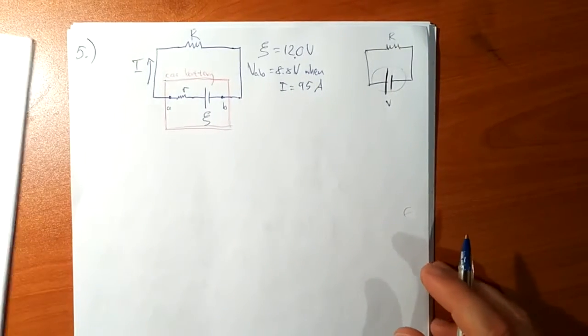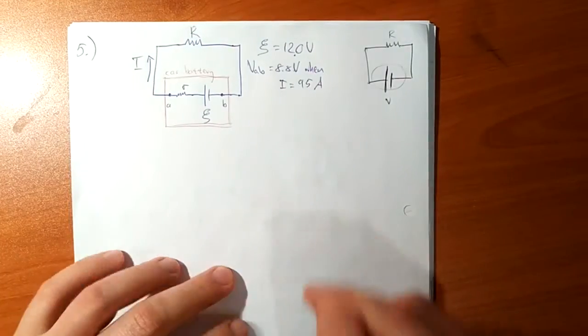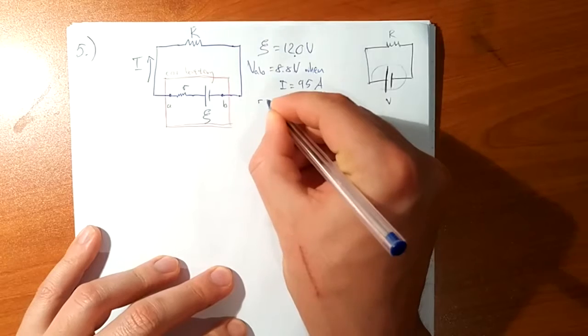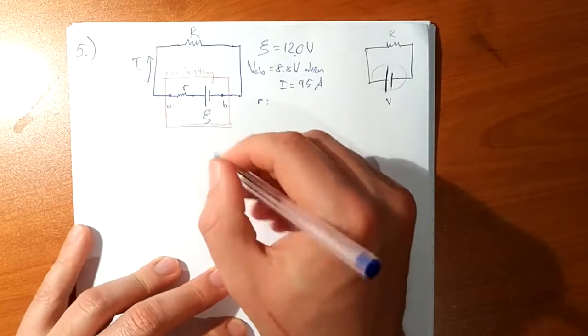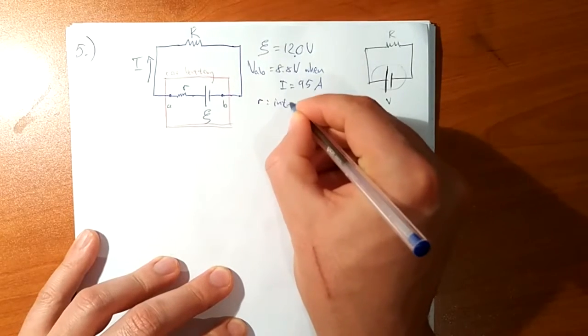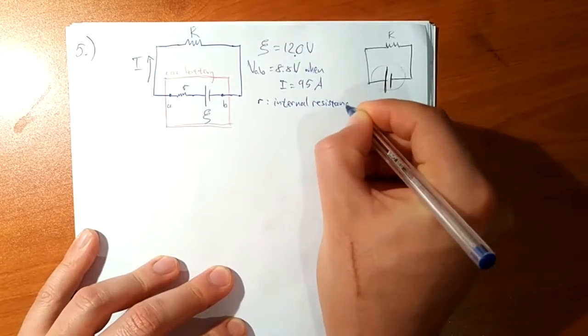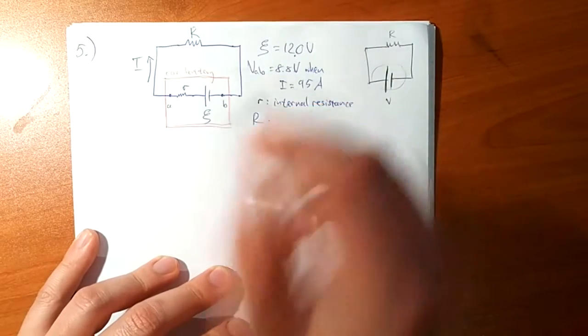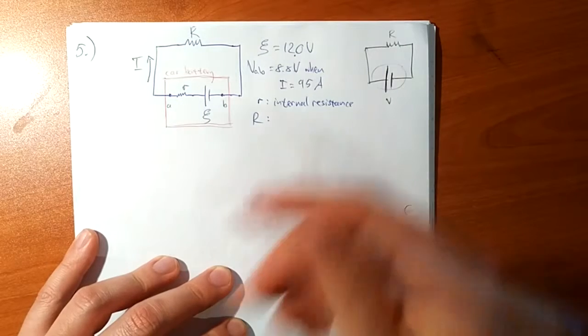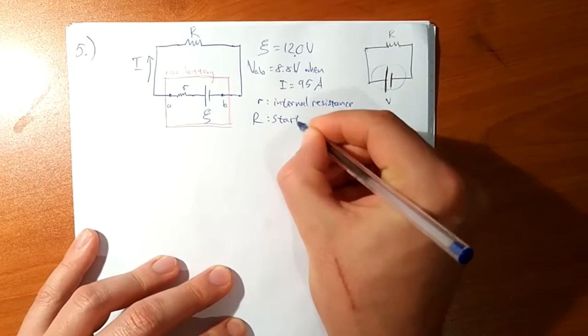So I knew I was going to go that way when I saw this keyword, internal resistance. Right. Now what is little r? Little r, lowercase r, is the internal resistance of the battery. And big R now represents the resistance of the starter motor. So let's just call it the starter motor.